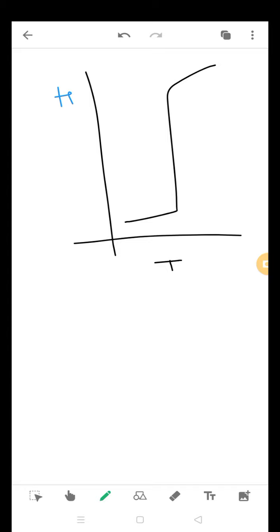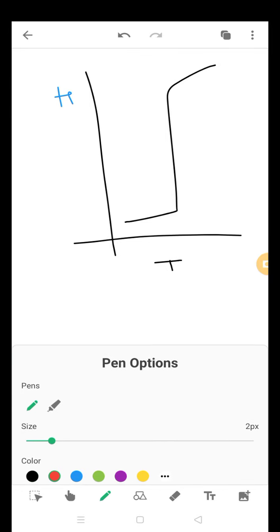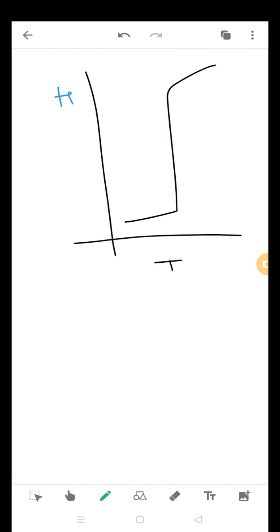So this is your crystal state, so you can call it a crystal. And this part is supposed to be the liquid or the molten state.